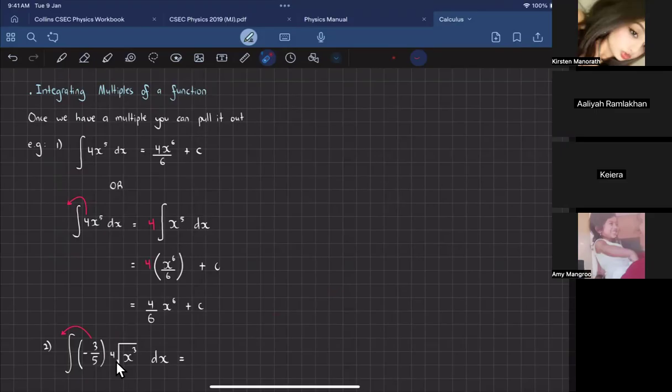So now I'm going to add 1 to the power, so that is 7/4.